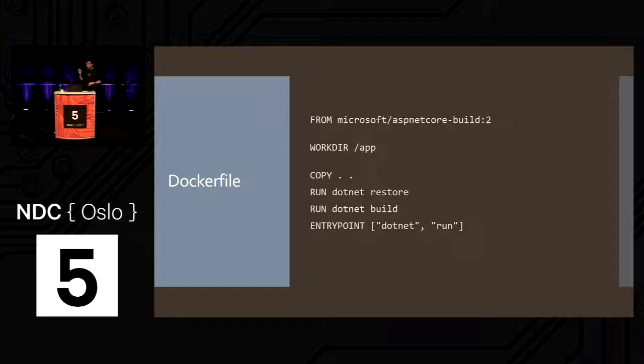Okay? The problem is that the ASP.NET Core build image itself is enormous. It's like 2 gigabytes because it's got all the build essentials and the C++ SDK and all sorts of other stuff and the whole Microsoft build pipeline and MSBuild and everything else. So it's enormous.